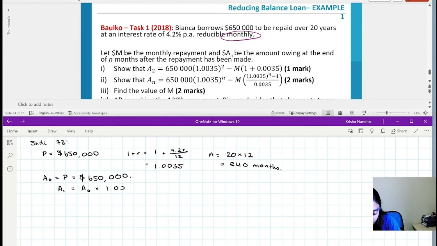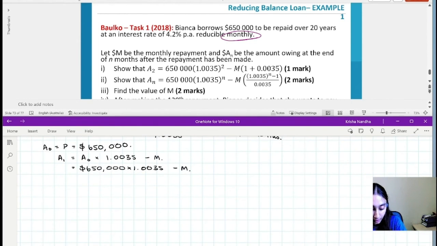So 1.0035. And then at the end of every month, she pays off her repayment. So minus M. So it will be equal to 650,000 times 1.0035 minus M. So I just replace my A0 with what A0 actually is.